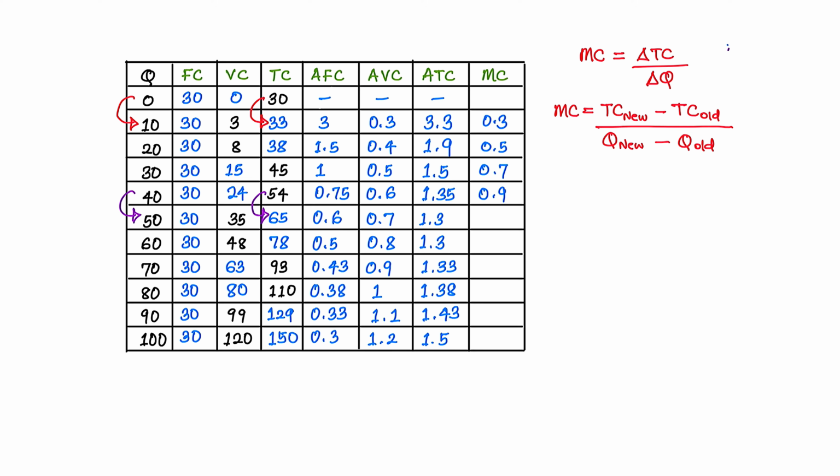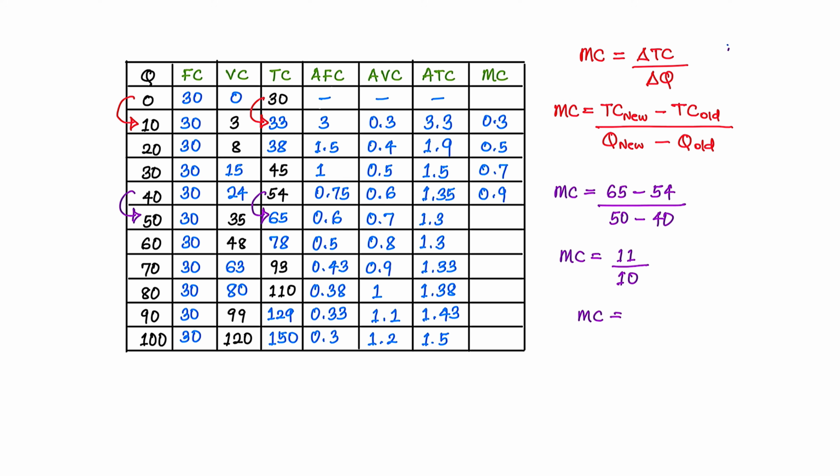Next, calculating the incremental cost when output increases from 40 to 50, which means the cost increases from 54 to 65. Marginal cost equals 65 minus 54 divided by 50 minus 40. Marginal cost equals 65 minus 54, that will give us 11, divided by 50 minus 40, that is 10.